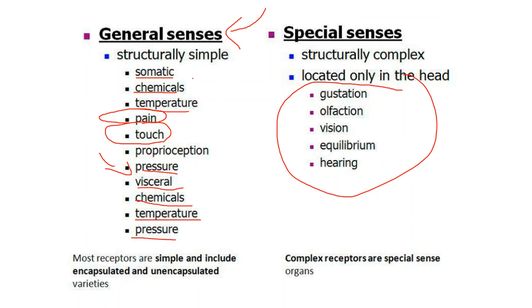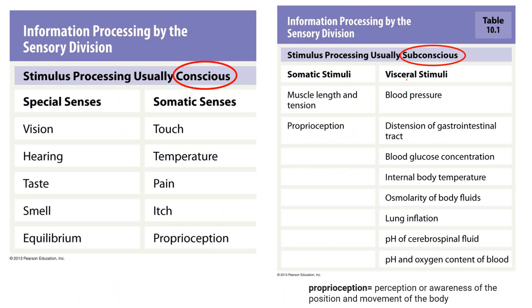Whereas something like temperature, okay? Temperature in the sense of maintaining the internal body temperature, as we have seen, is visceral, okay? But sensing the external temperature is somatic. So you have to be able to distinguish these things. You have to think about it.